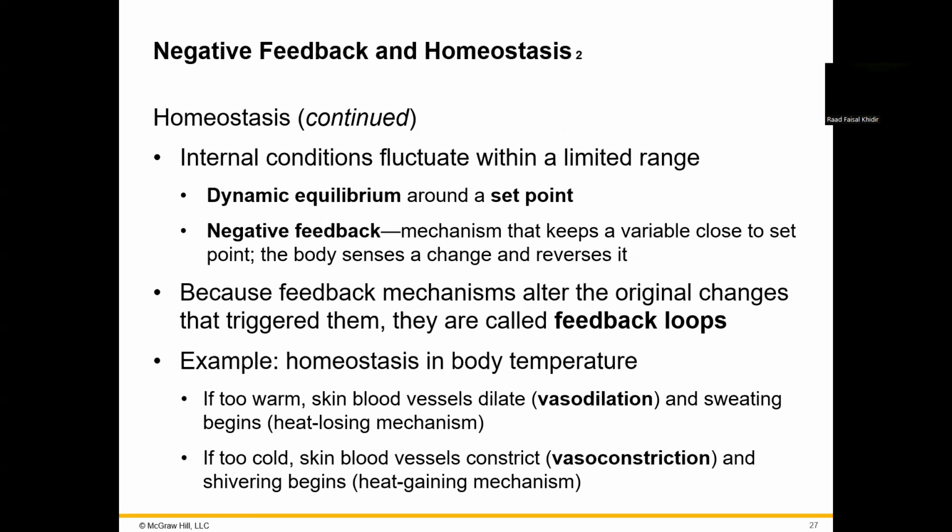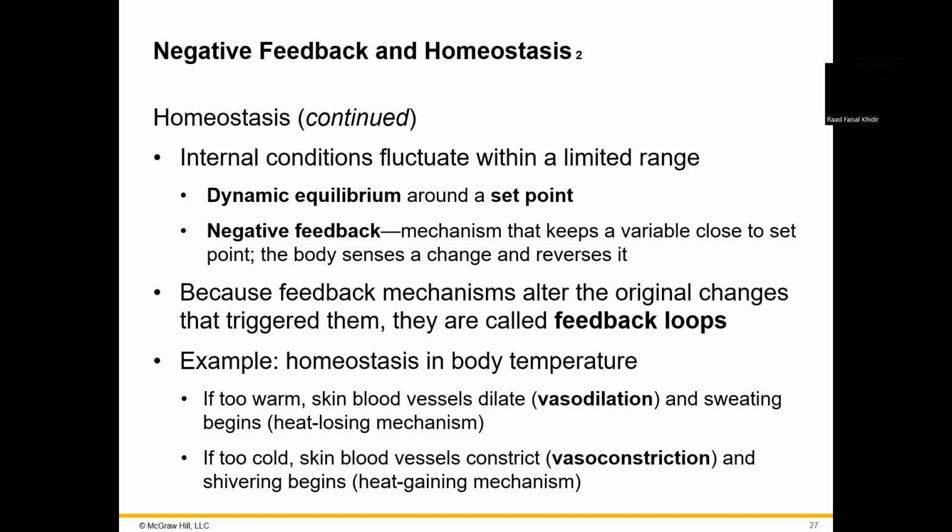Negative feedback means that number one, you have a sensor, a detector, a receptor, all the same. The receptor, the detector, is going to notice there is either some increase, hyper, or some decrease, hypo.